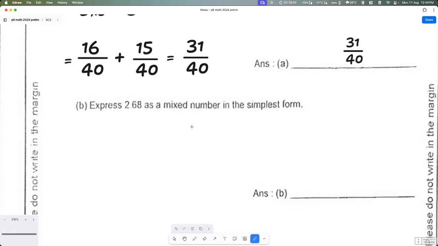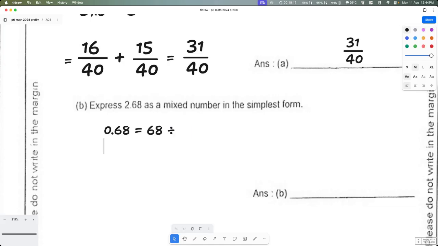Okay, let's move on to part B. Express 2.68 as a mixed number in the simplest form. So 0.68 is equal to 68 divided by 100, which is also 68 out of 100.